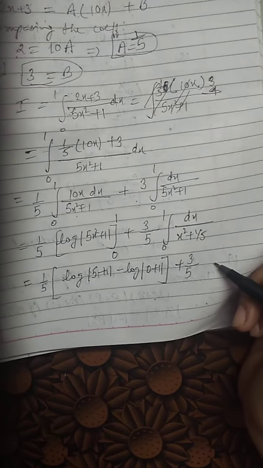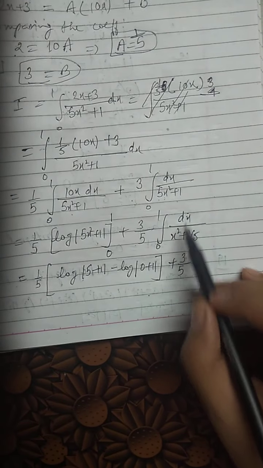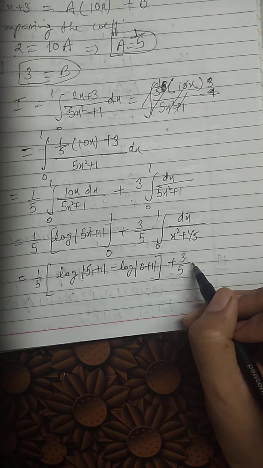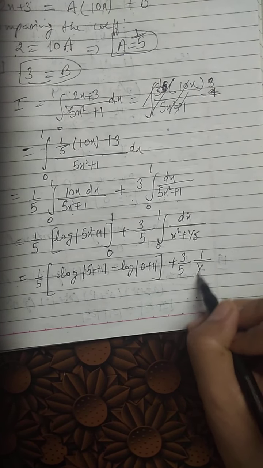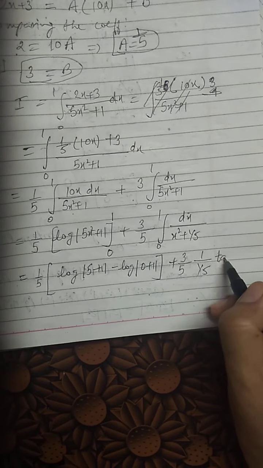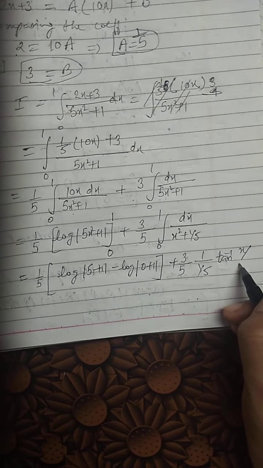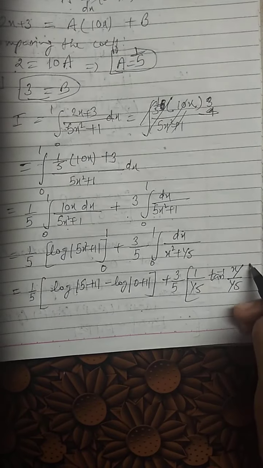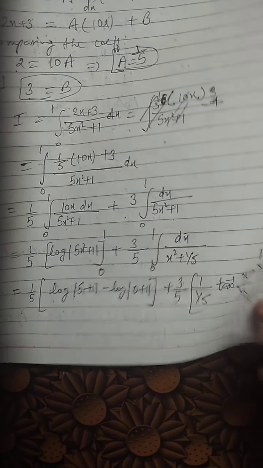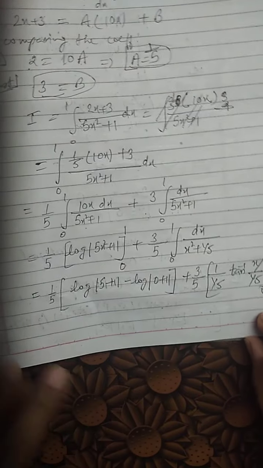Now the integral is dx upon x² + a². The formula says it will be 1 by a, 1 by a means 1 upon 1 by 5, tan inverse x by a. So x upon 1 by 5, and the limits are here also 0 to 1.